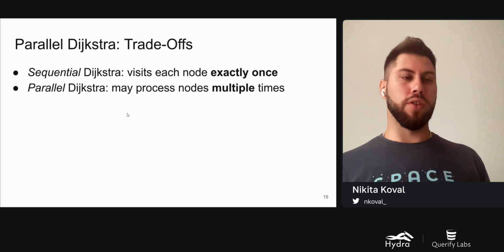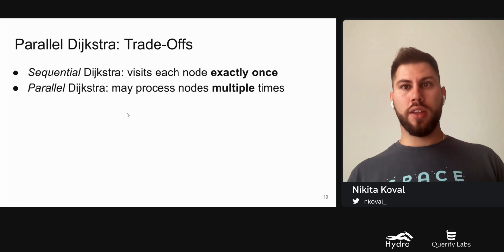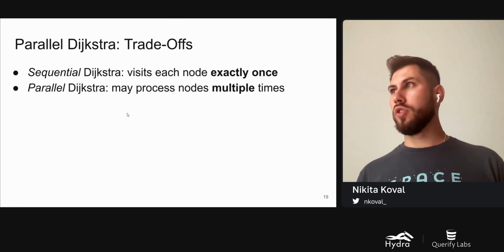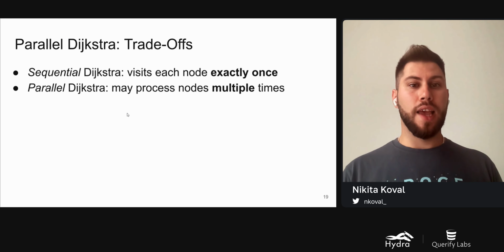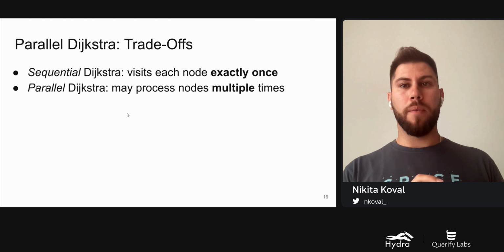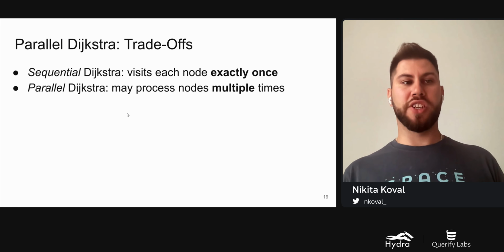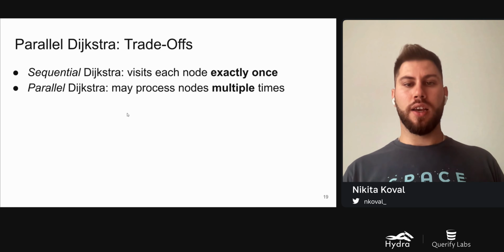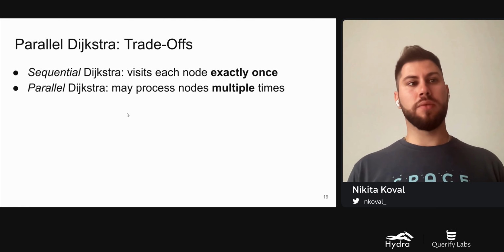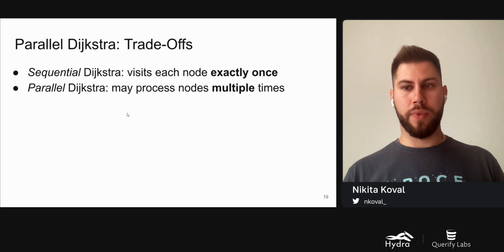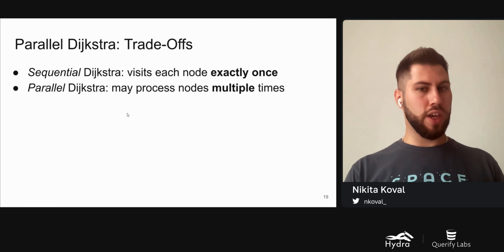But in the parallel version, due to these inversions, it's possible that the distance to the node is improved multiple times. So thus, it is added to the queue multiple times. It's processed multiple times. And it's okay.